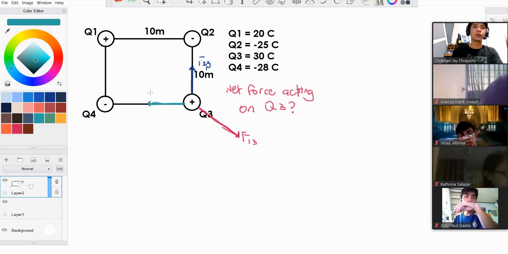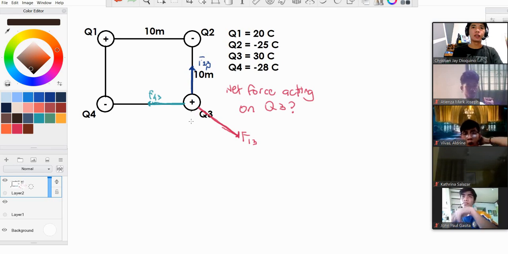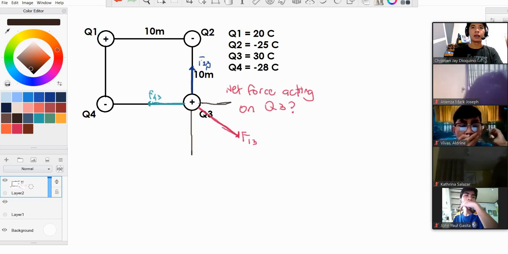Okay, so this will be F43. Okay, then our Cartesian plane is nandito sa gitna. Ayan. Okay, so three vectors ang naiplot natin.